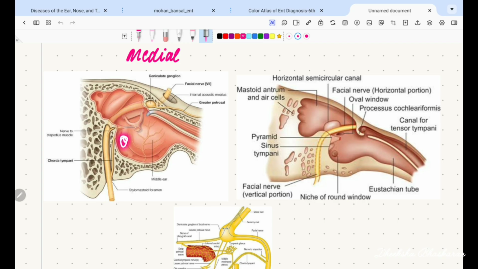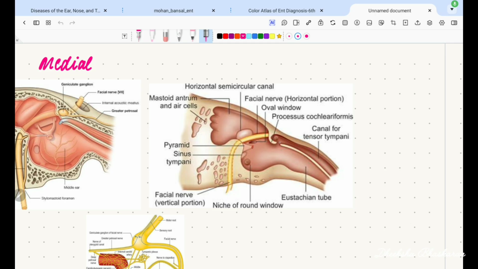Here is the round window. This image shows the processus cochleariformis. It's a curved bone which provides anchoring to the tendon of the tensor tympani muscle.